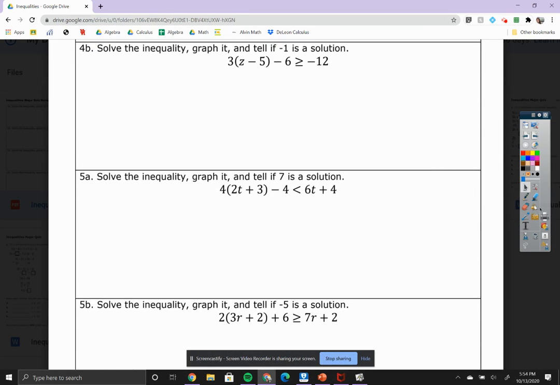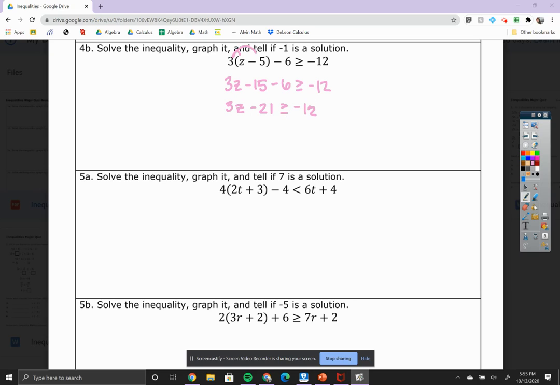Okay, now we have 4b. Then I get 3z minus 15 minus 6z, greater than or equal to negative 12. So then for the 3z, I combine my like terms. This becomes negative 21, it's greater than or equal to negative 12.